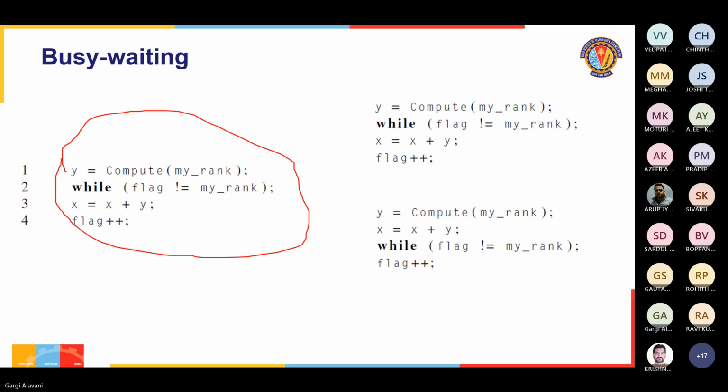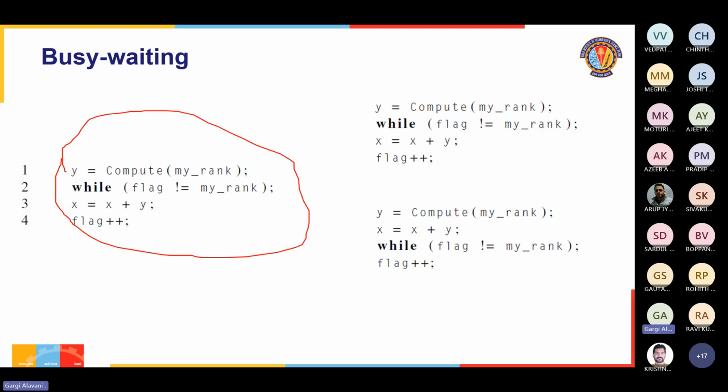That is, done the task, do the flag plus plus, and only then the next statement will get executed. But the catch here, the very important part, is that these statements are to be executed exactly as they are written. This means that thread 1 cannot enter the critical section until thread 0 has completed it.